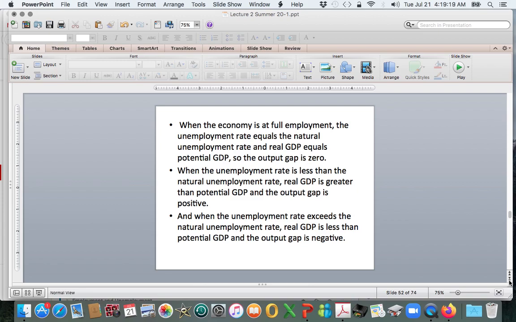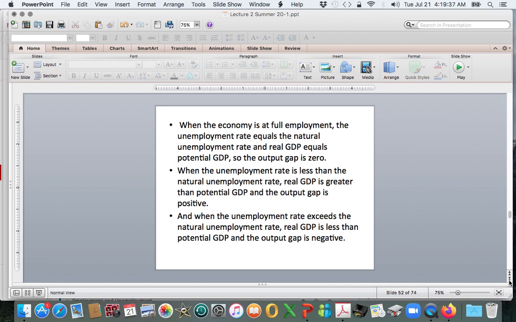Now, this output gap concept is very, very important for you to understand and to keep in mind, what allows an economy to achieve its potential GDP and how we calculated our real GDP from the previous chapter.